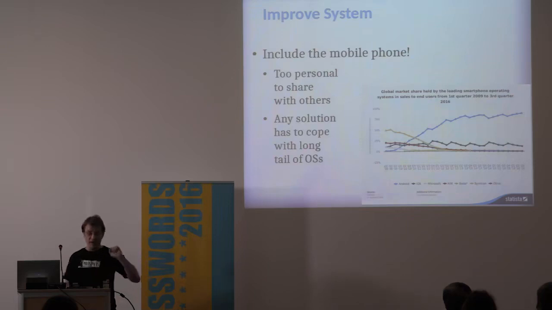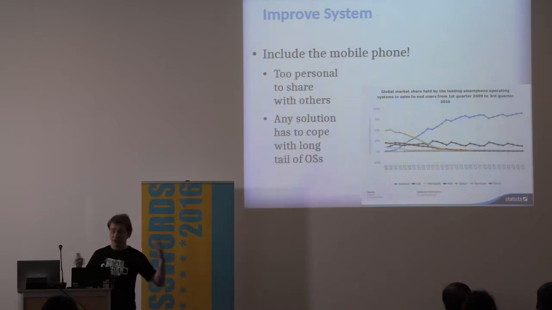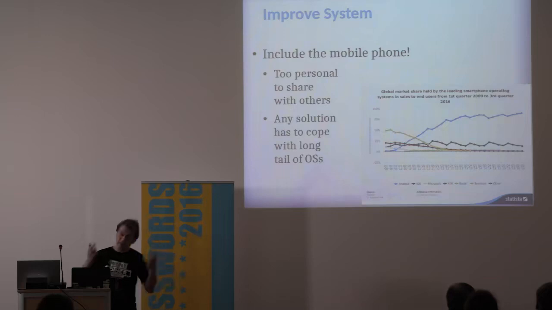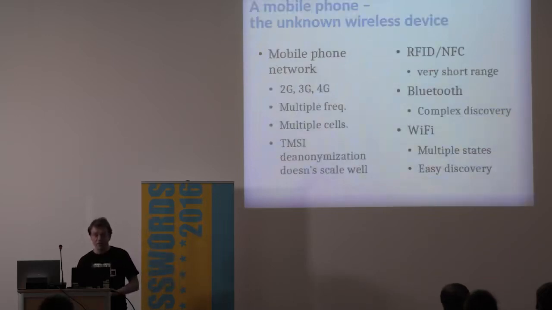And of course, you have a lot of versions to maintain. So can we use the mobile phone somehow in a way to augment the system without any additional app, just maybe by its presence? So let's look at a modern smartphone.